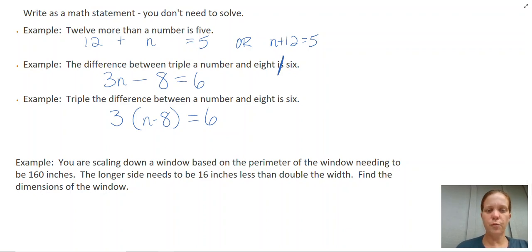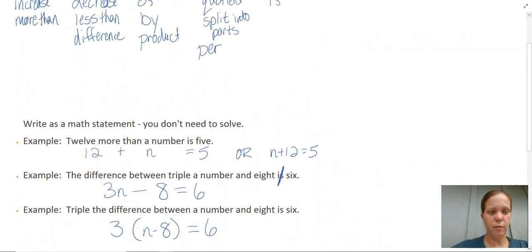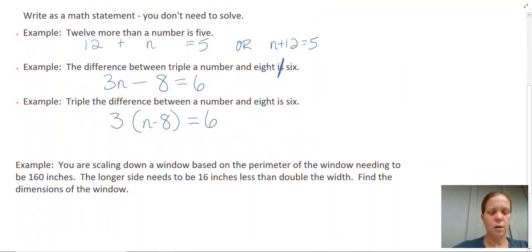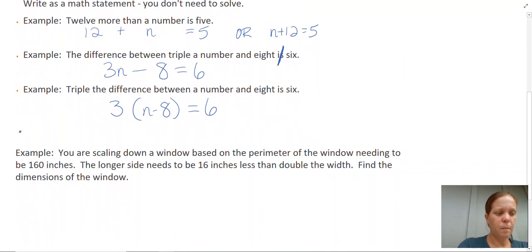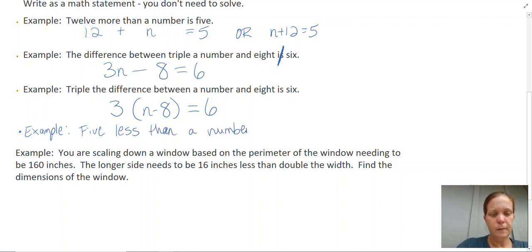And one thing to watch for, it was on our list above, less than. I'm going to add an extra example here. Example. 5 less than a number. So there's no equal sign here. 5 less than a number.